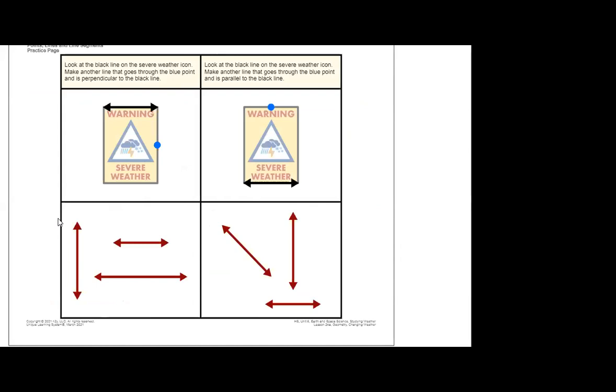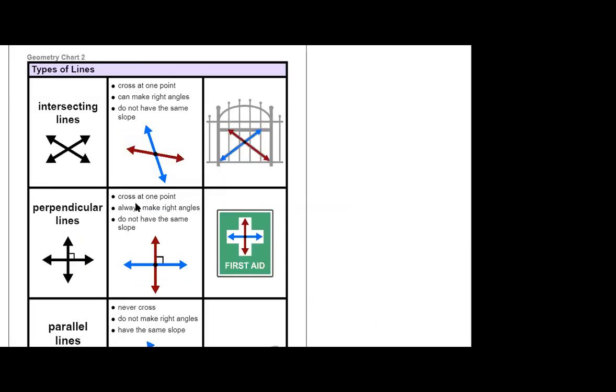All right, some more practice. So look at the black line on the severe weather icon. Make another line that goes through the blue point and is perpendicular to the black line. So let's go back to our vocabulary real quick. Perpendicular lines cross at one point.